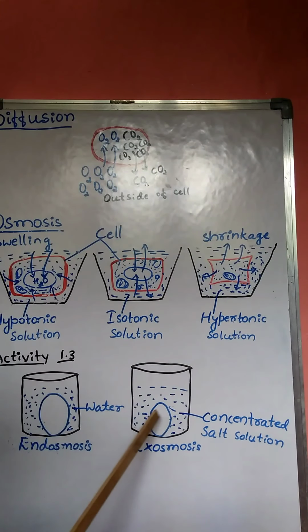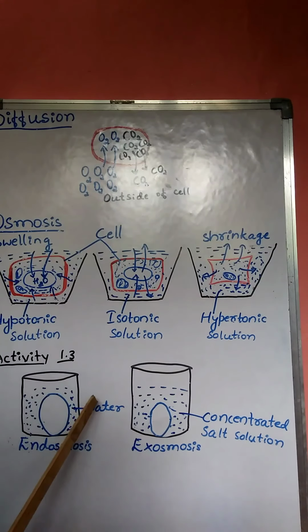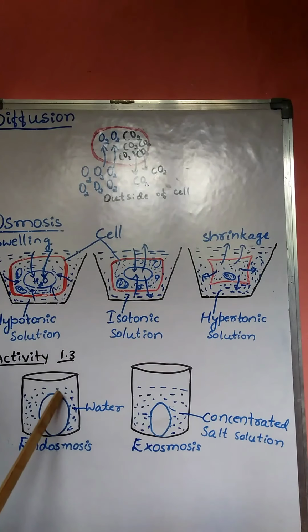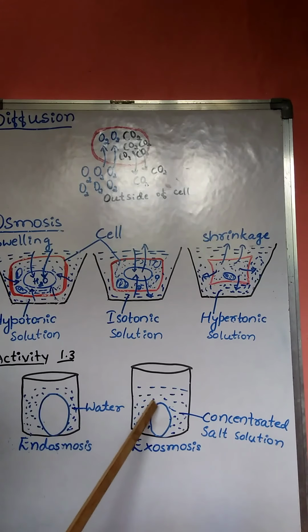The egg shell is made up of calcium carbonate. When we dip the eggs in hydrochloric acid, the calcium carbonate shells get dissolved. Then the egg is completely covered by the cell membrane or plasma membrane.